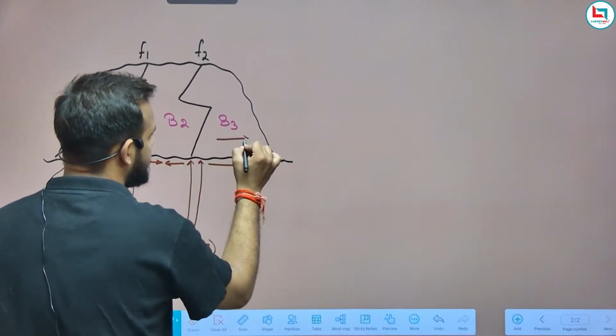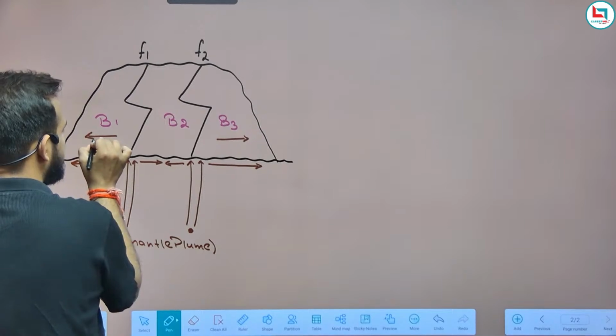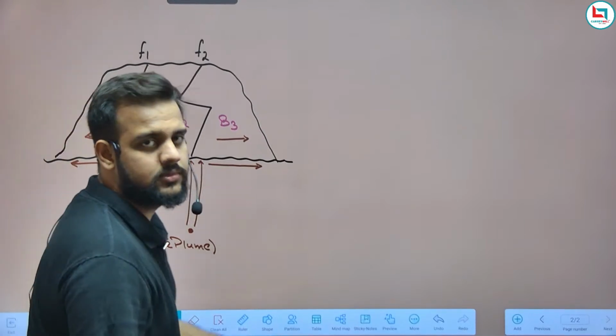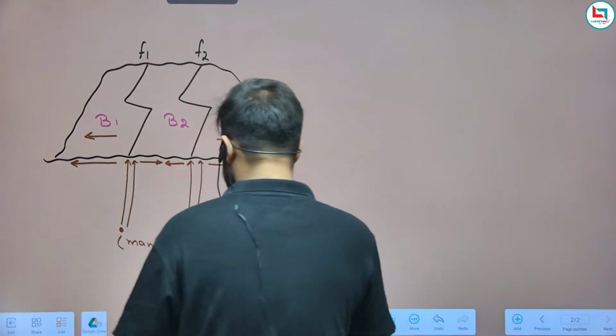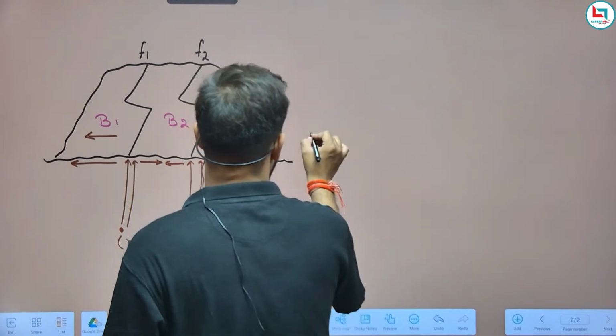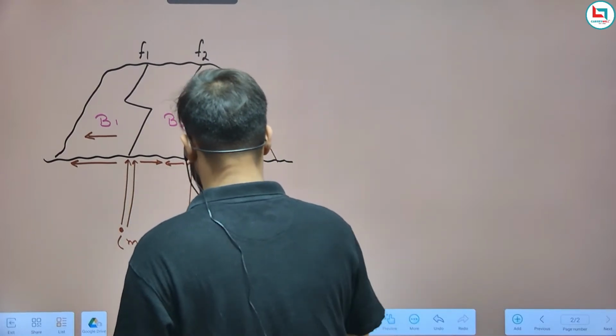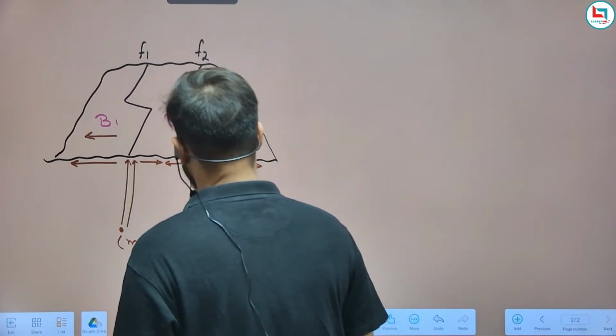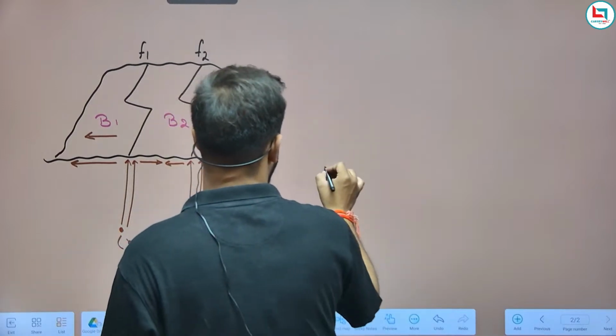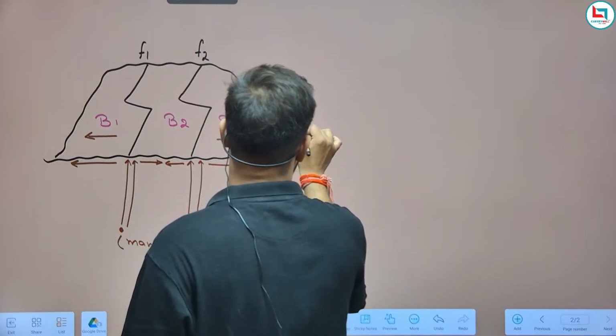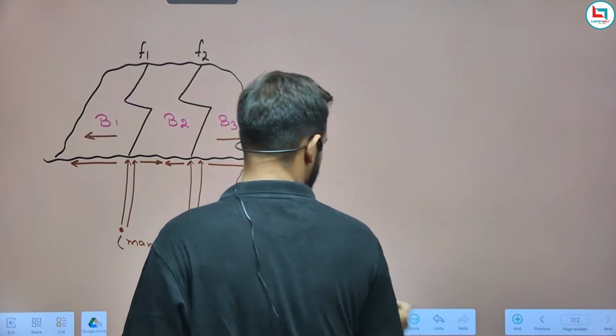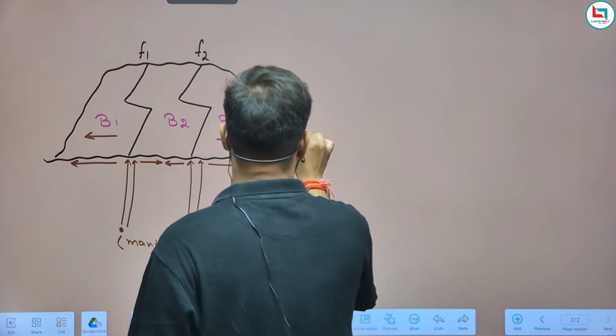B3 will move this side and B1 will move this side and B2 will become static. So these cracks will become wider like this. Let me draw this particular thing.